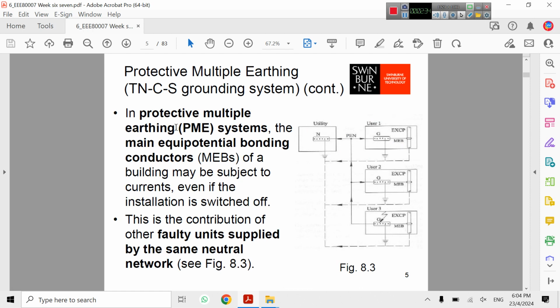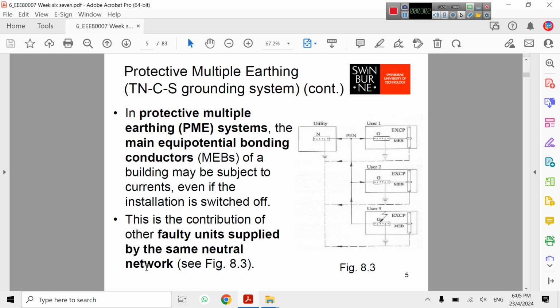In protective multiple earthing or PME systems, the main equipotential bonding conductor or MEB of the building may be subjected to current even if the installation is switched off. How? This is the contribution of another faulty unit supplied by the same neutral network.